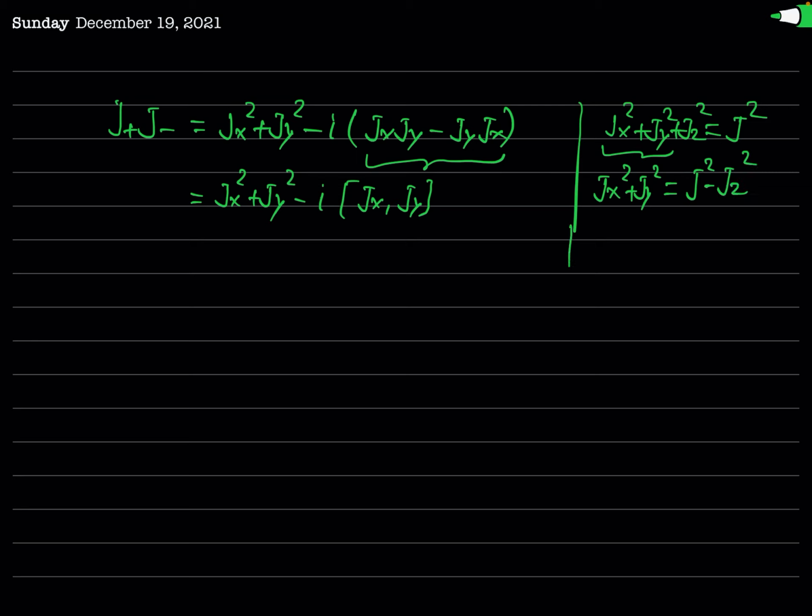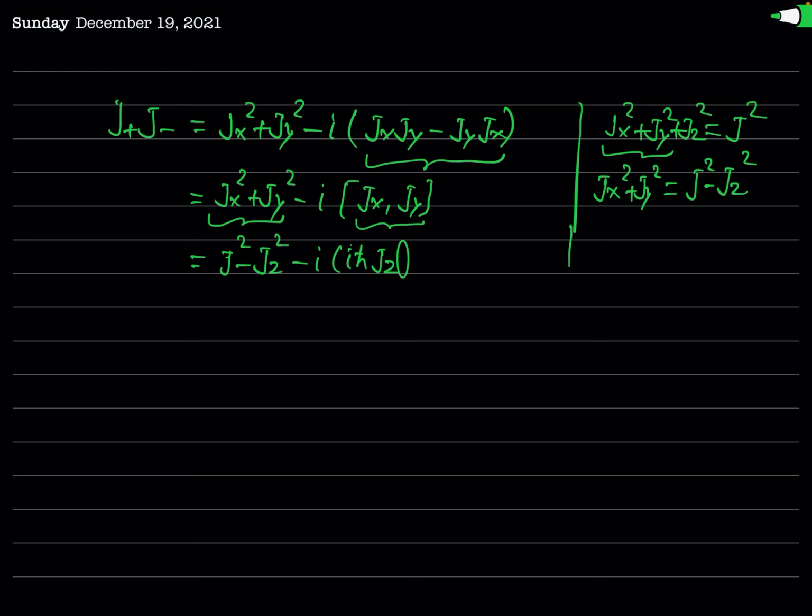So instead of this jx square plus jy square, you can write j square minus jz square. Now the commutator of jx and jy, you know, this is in fact i h bar jz.